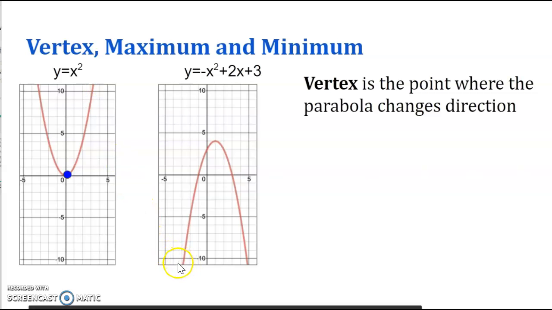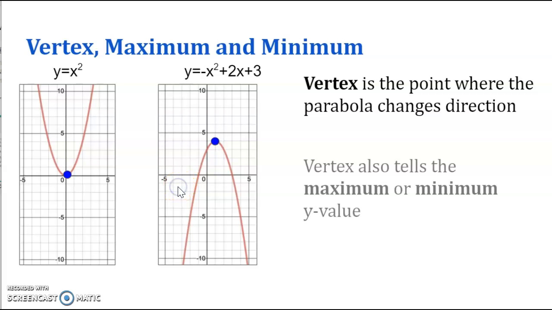Same thing here, from this point all the way up to this point, it is increasing from left to right, but then it starts decreasing from left to right. So at this point, where the direction changes, we call that the vertex.